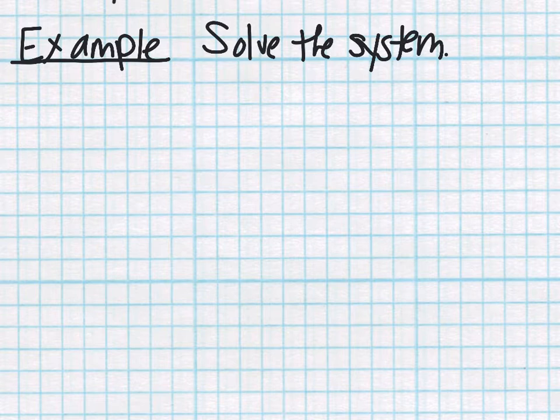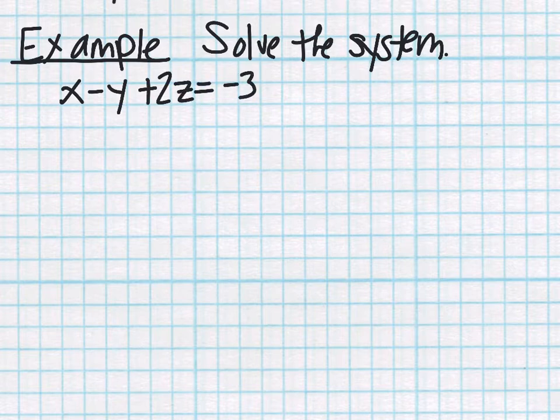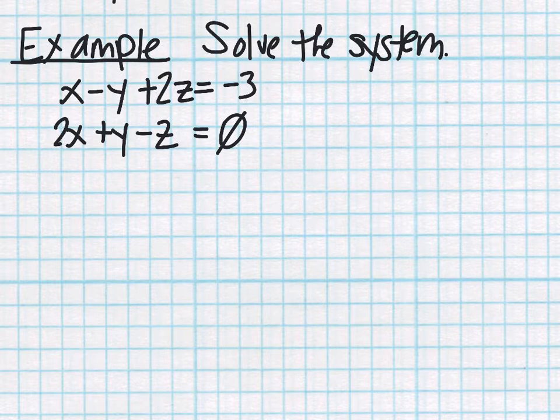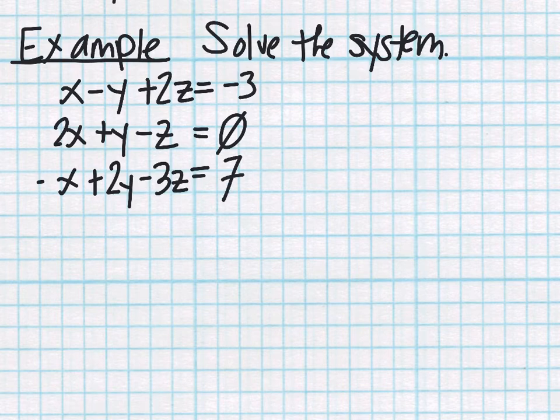Your system is x minus y plus 2z equals negative 3, 2x plus y minus z equals 0, negative x plus 2y minus 3z equals 7.